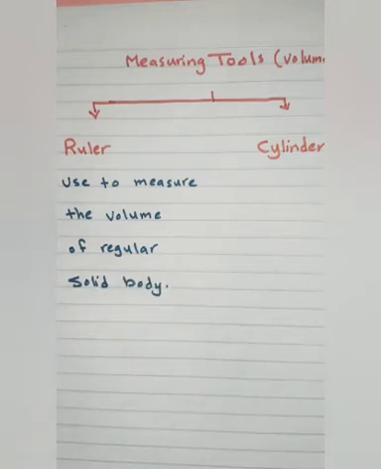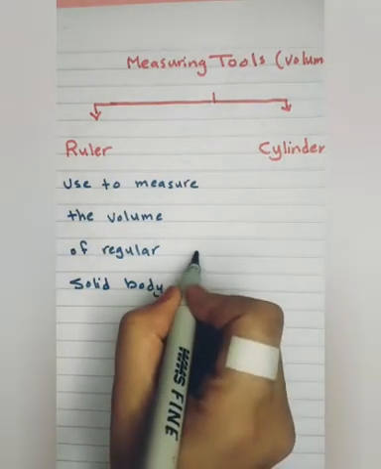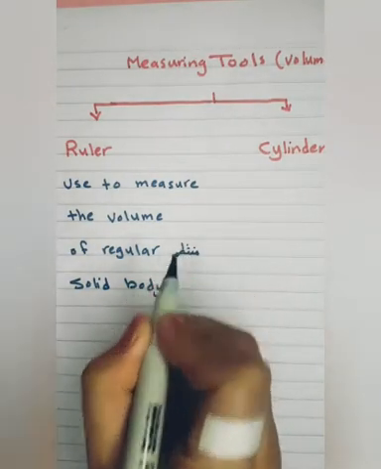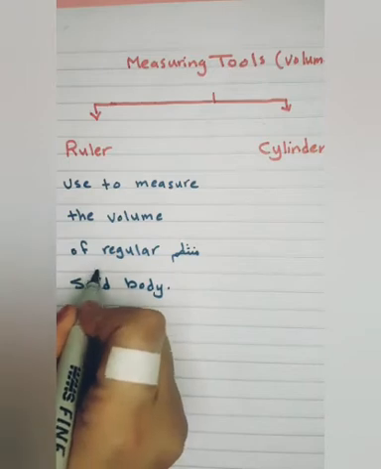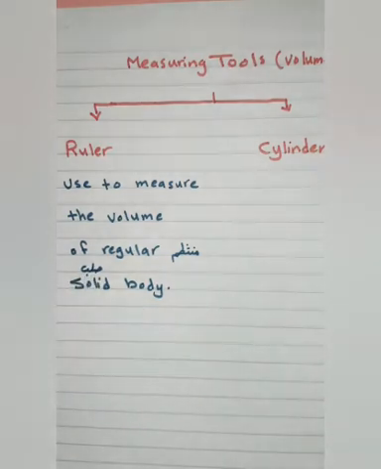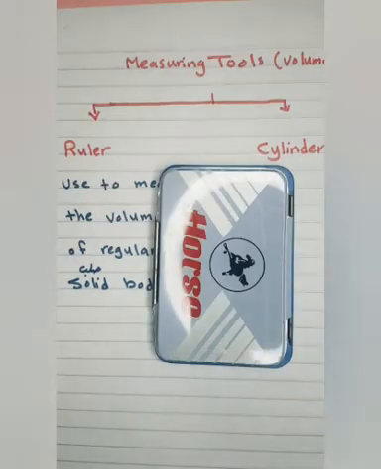What is meant by regular solid body? Regular يعني منتظم. Solid, which means صلب. يعني إيه جسم صلب منتظم؟ It is a solid body which has length, width, and height.